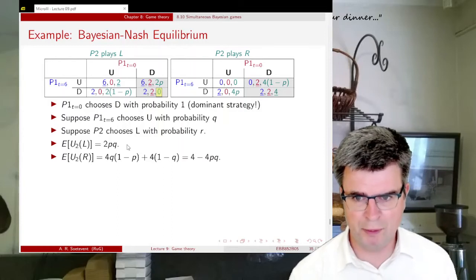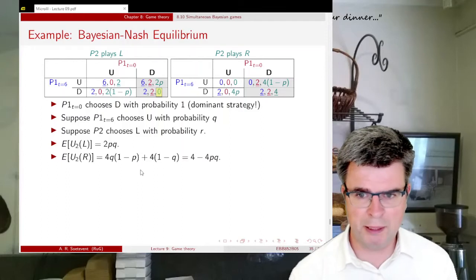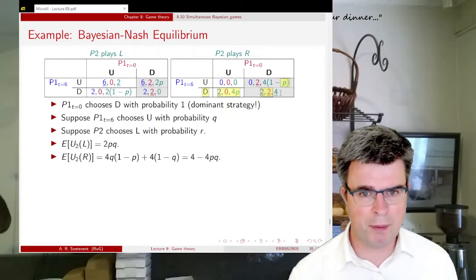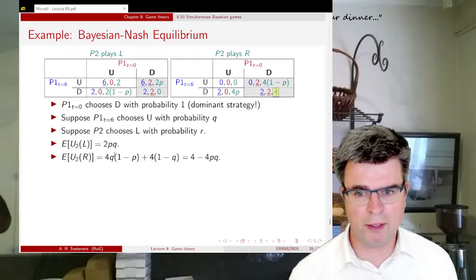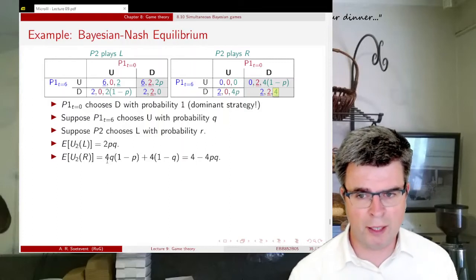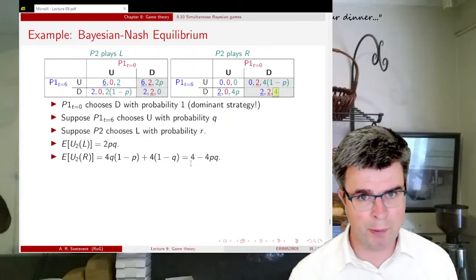So we have this term 4q times 1 minus p. And if player 1 is of type T is 0 and plays down, which happens with probability 1 minus q, then the payoff to player 2 will be equal to 4. So the expected payoff of player 2 of playing right is, if we simplify, 4 minus 4pq.